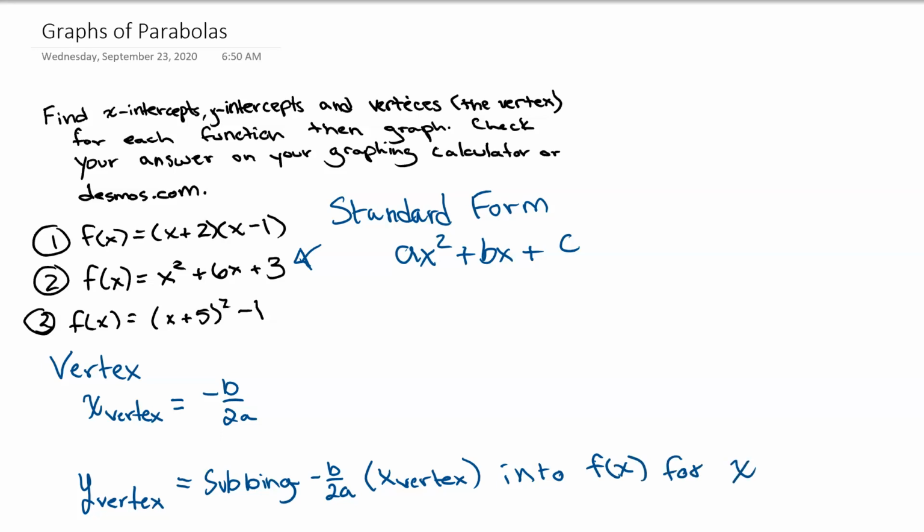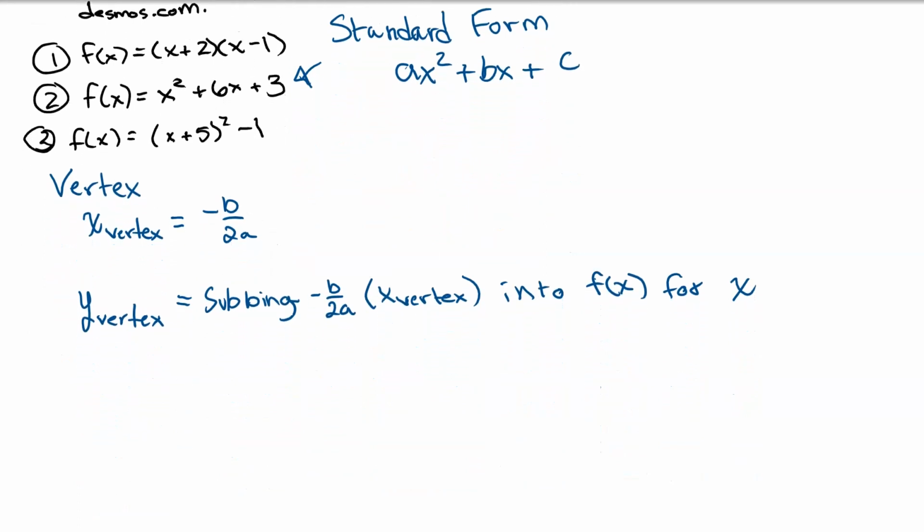So let's go ahead and do that. A for our equation is 1 because it's 1x squared. B is 6 because it's 6x, and C is 3. So our x-coordinate for our vertex is going to be the opposite of b, so negative 6 divided by 2a, so 2 times 1.